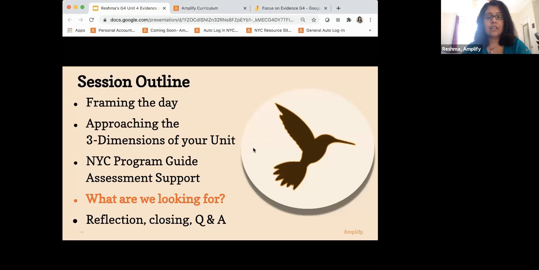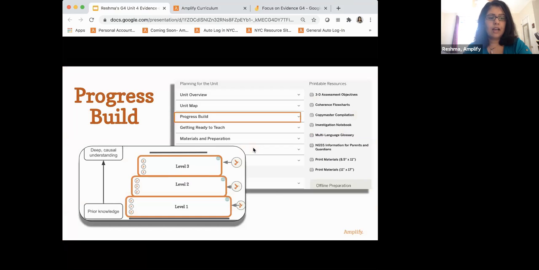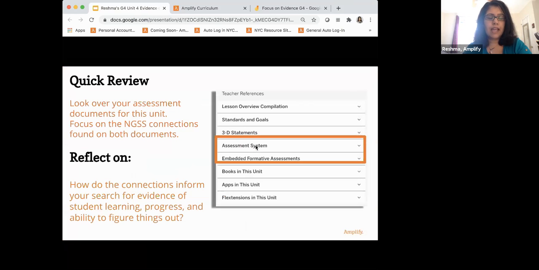Next, we're going to engage in an exercise, really taking together all these resources that I just introduced. Progress Build, and these are the assessment system and embedded informative assessment resources. If you can, look over the assessment documents for both units and particularly focus on the standard connections.